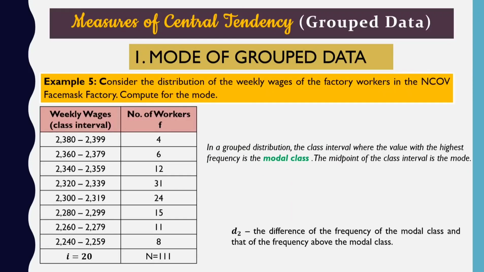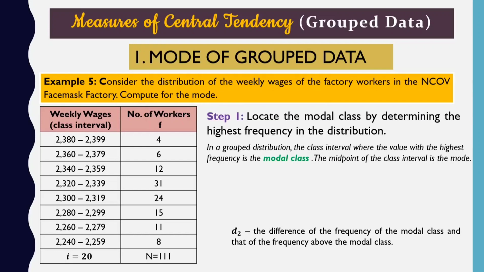Okay, here is our example. It says there, consider the distribution of the weekly wages of the factory workers in the NCOV face mask factory. Compute for the mode. We follow our steps. For step 1, we locate the modal class by determining the highest frequency in the distribution.